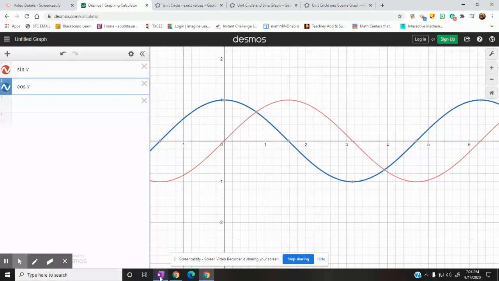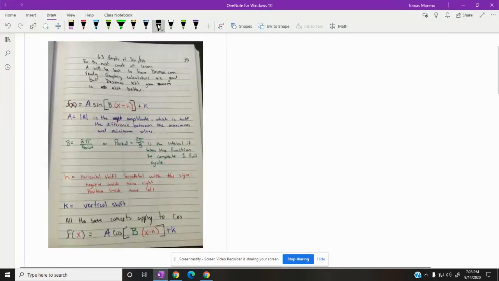So let's go to our notes. Most of the time you don't see sine in this form right here. This is a general form of the way I like to teach it, so you guys can get a full understanding of the concepts, right?